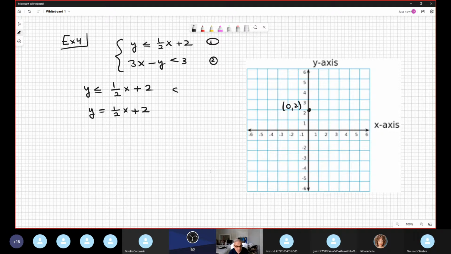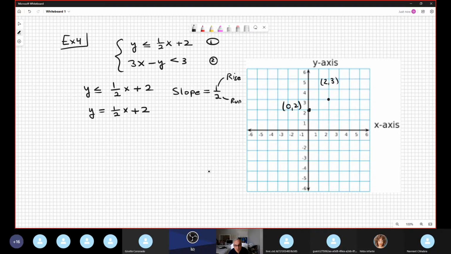So the rise is 1 positive and the run is 2. From this point I move 1 up and 2 to the right, and you get the second point. By the way, the second point is 2, 3. And we connect them with a line.